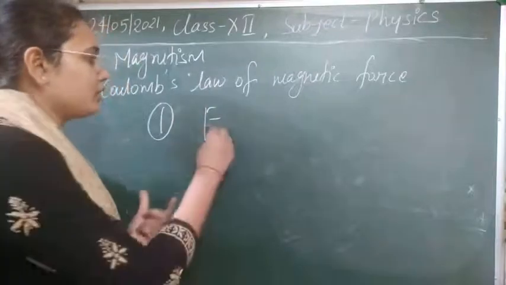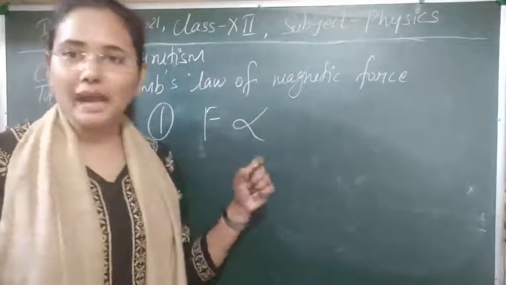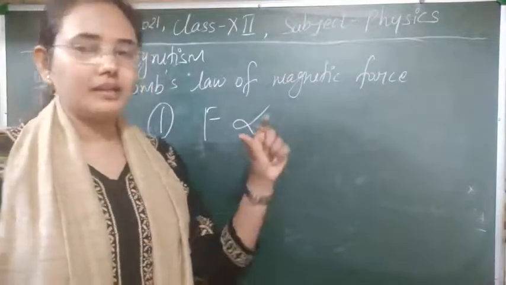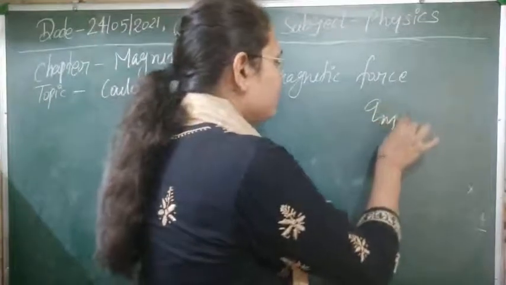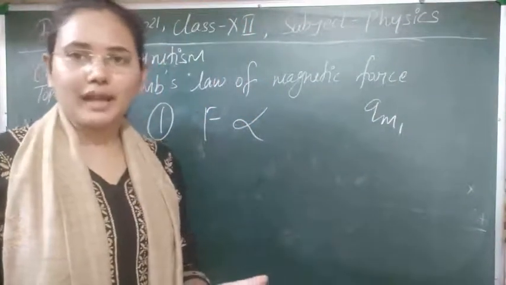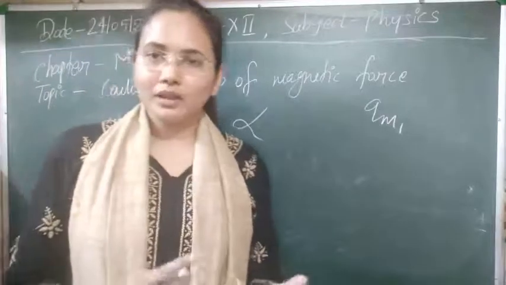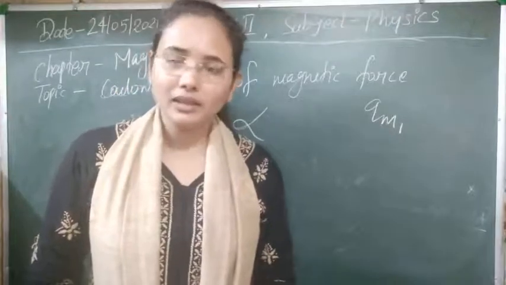Then this force is directly proportional to the strength of the magnetic poles. Suppose one pole has strength qm1, and the other pole is a south pole or north pole, whatever it can be. If it is a south pole, they will attract each other, and if it is again a north pole, they will repel each other.